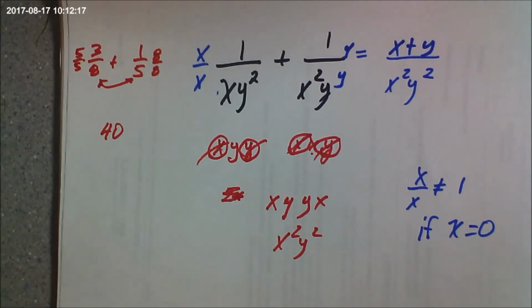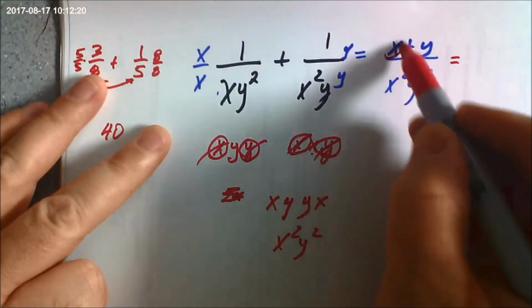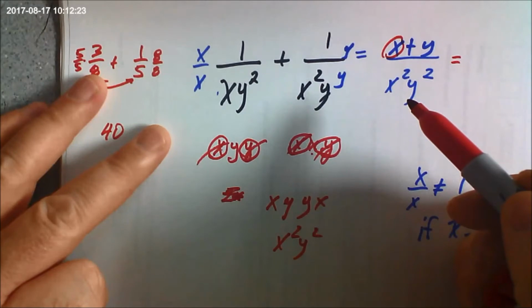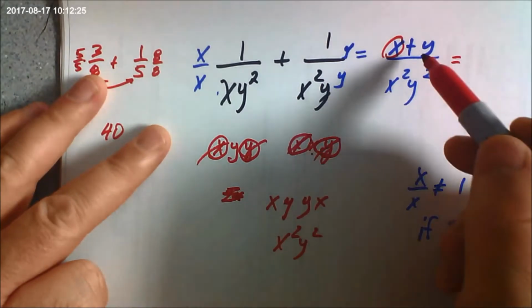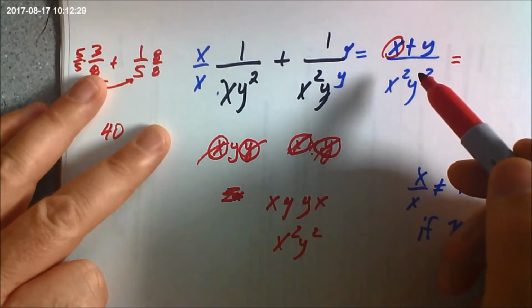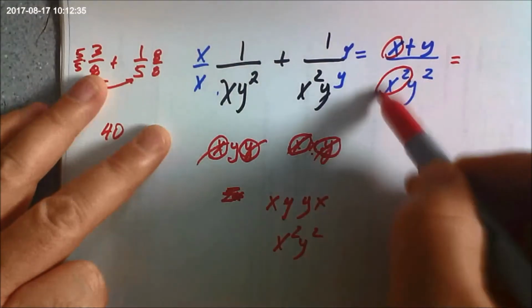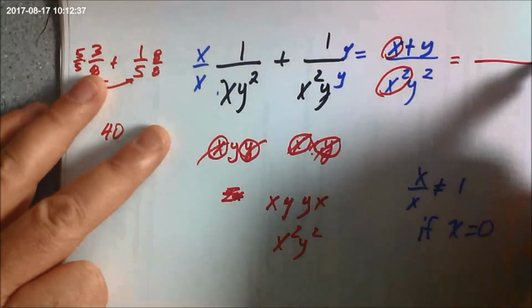Let's see. So if I reduced by x, can this be reduced? Okay, I could reduce this x with this x squared, right? What would be left?